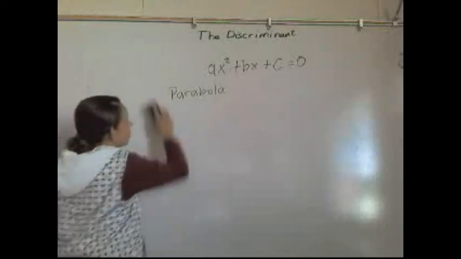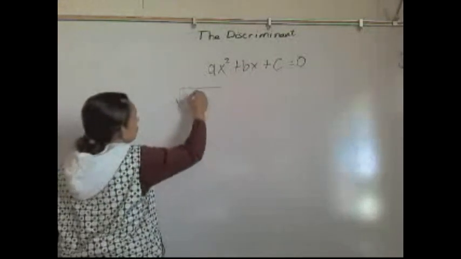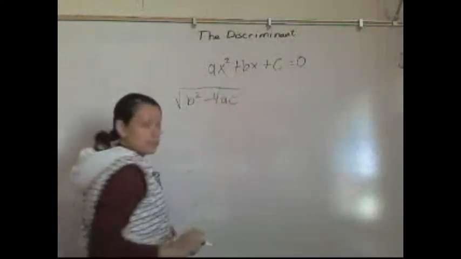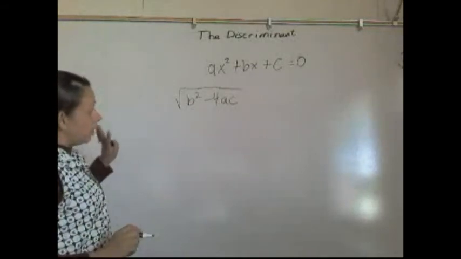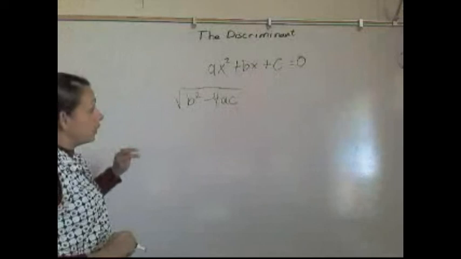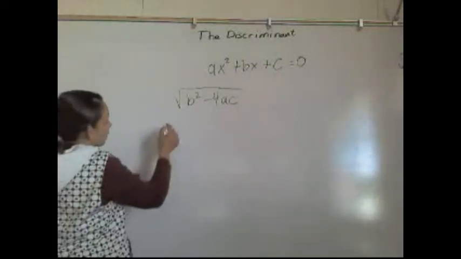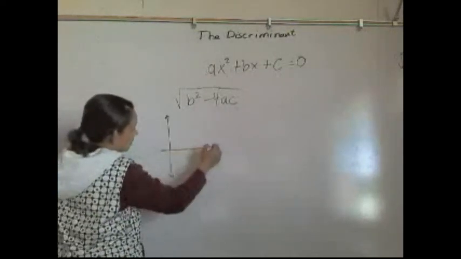So from that comes the discriminant, and what is the discriminant? It is the square root of b squared minus 4ac. I'm going to give you one example with one root, one example with 2 roots, and one example with no roots at all.